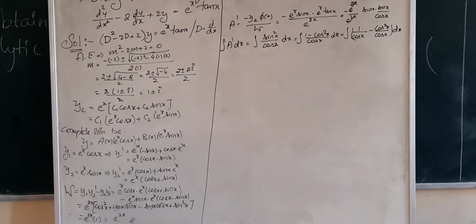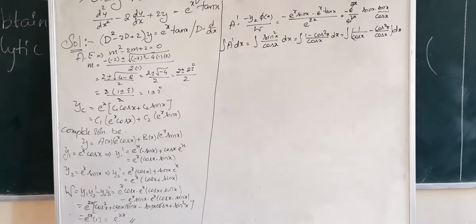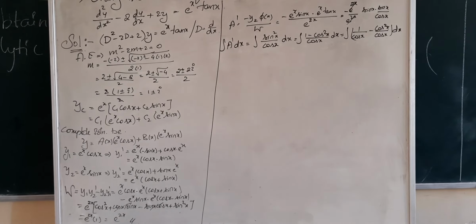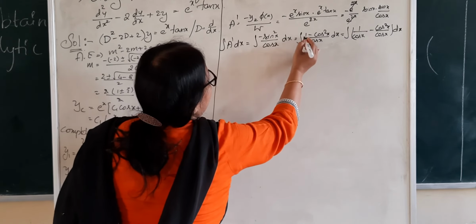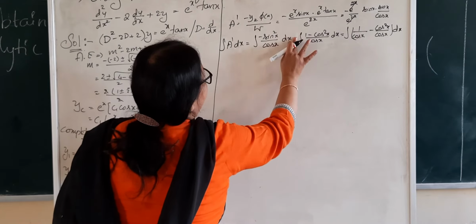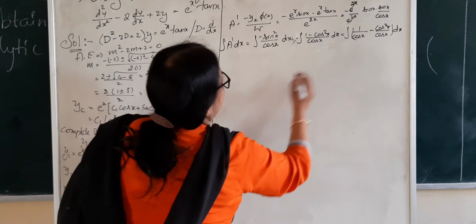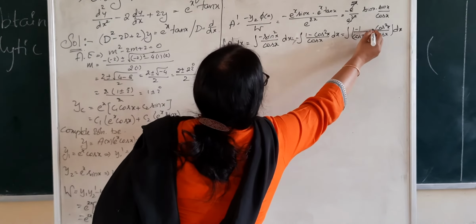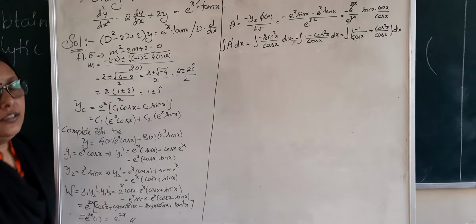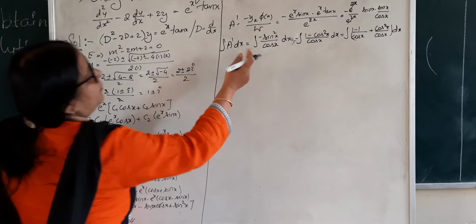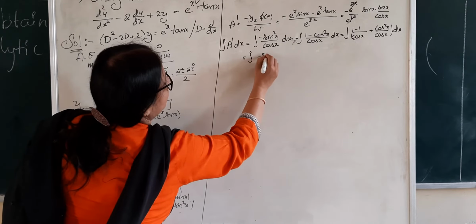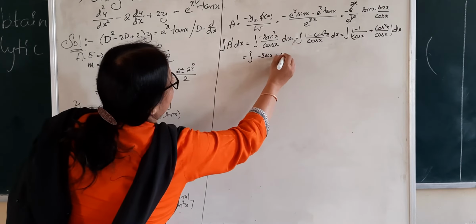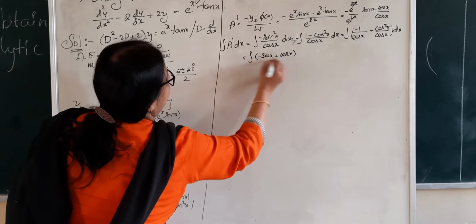That is secant x, and cos square x by cos x is again cos x. There is a negative sign, I think I skipped it. Let me introduce a minus sign here. When I multiply it with both the terms, let us write this simplified version as integral of minus secant x plus cos x dx.